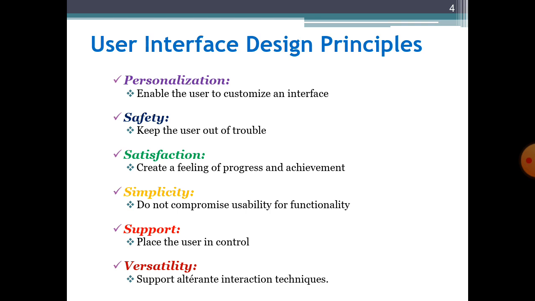In this way we are minimizing the number of objects and actions in an interface, but we are also enabling the user to accomplish their everyday tasks. Include a function only if a task analysis shows that it is actually needed.